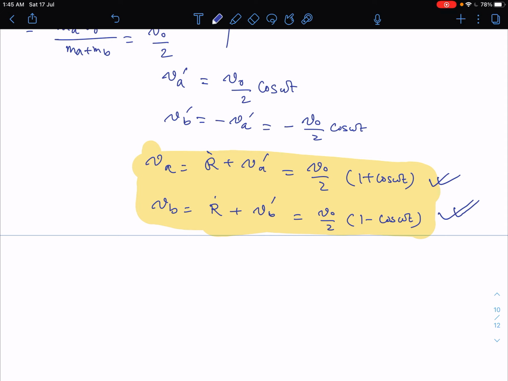So the masses move to the right on average, as if they are moving with the velocity V naught by 2, but they alternately come to rest whenever these terms vanish. Whenever this term vanishes, the other goes to maximum, and whenever that vanishes, this goes to maximum. So they alternately come to rest, in a push-me-pull-you fashion. So that's the motion of the masses.